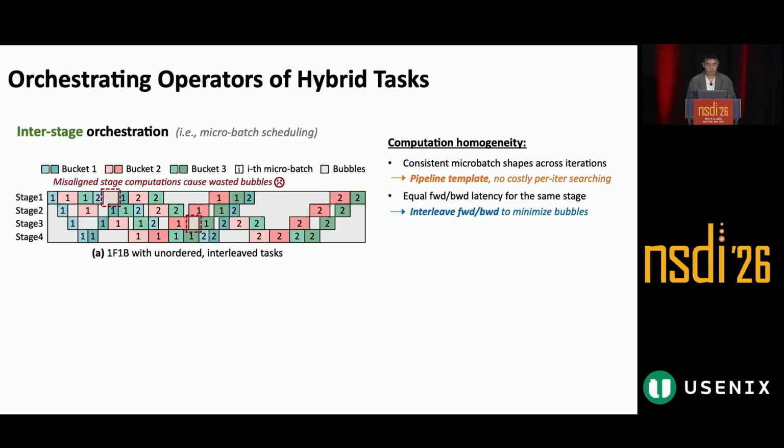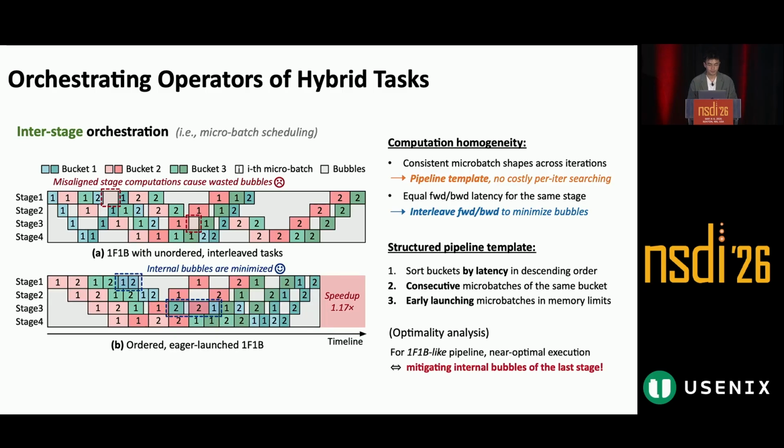To schedule micro-batches in the pipeline, we found that causal ordering would cause pipeline bubbles. In fact, there are two types of computation homogeneity in the PEFT scenario: consistent micro-batch shapes across iterations, and equal forward-backward latency for the same stage. This inspires us to use a static pipeline template rather than costly per-iteration searching, and interleave forward and backward to minimize bubbles.